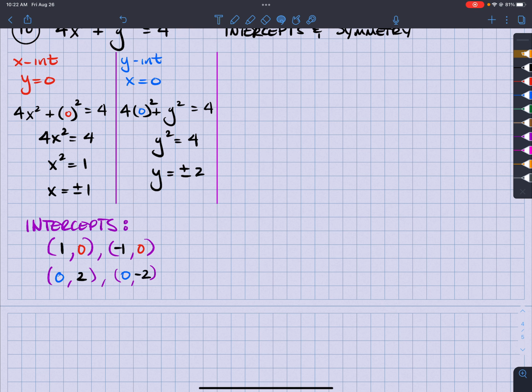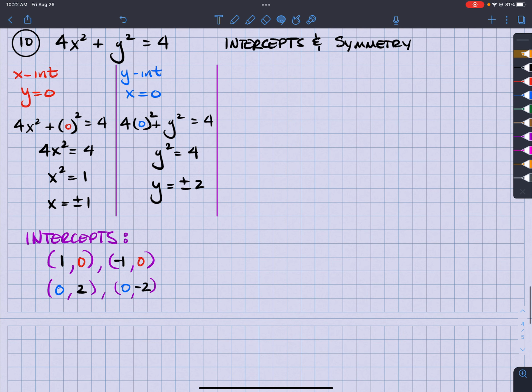So now let's look at symmetry, so let's look at symmetry about the y-axis.